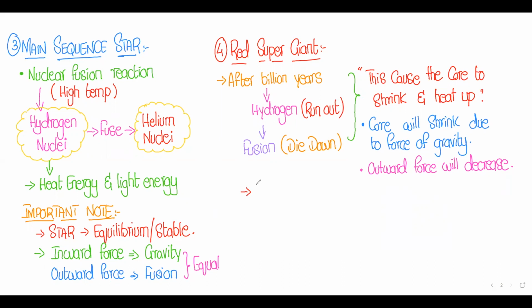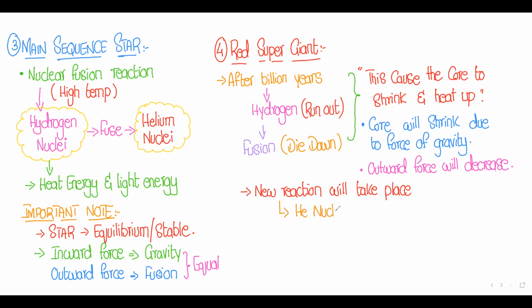So now we are having a new type of reaction because now the series is going to change. We are running out of hydrogen. So now we are having helium nuclei, right? So a new reaction will take place, and this new reaction will be in the form of helium nuclei.